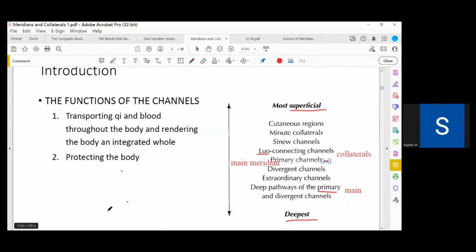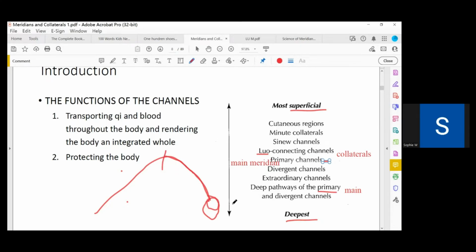Because the meridians are very long, right? So we will see this part go deeper, connect with the organs. Let's see, that's the lung organ, right?